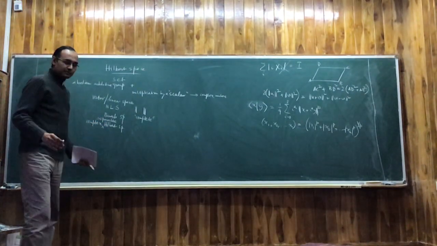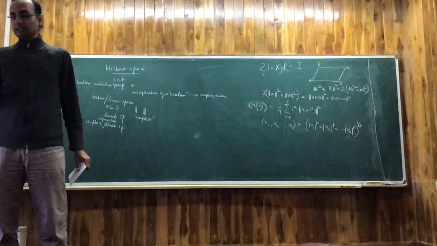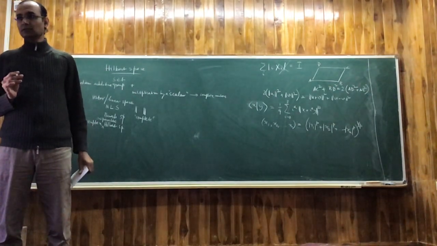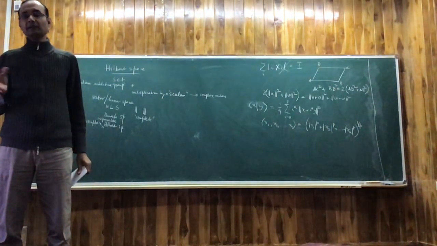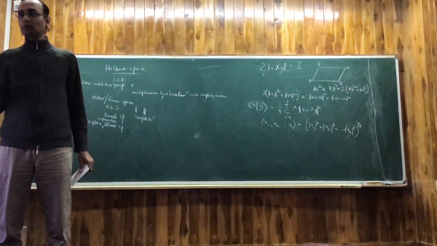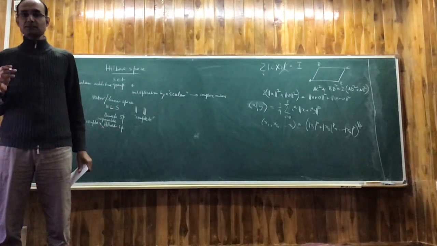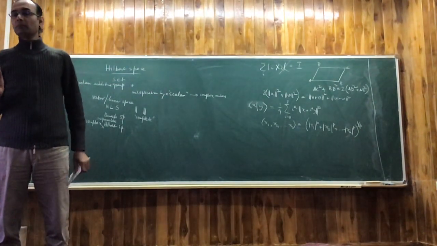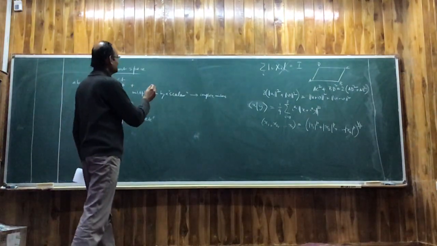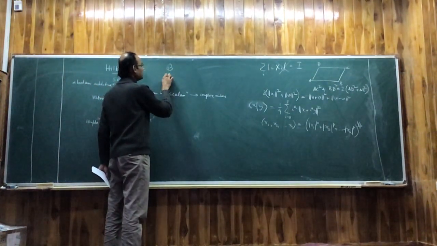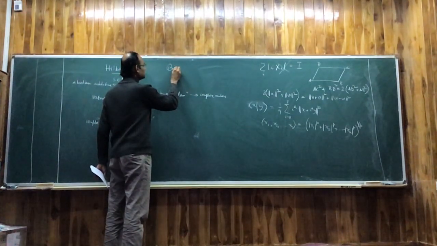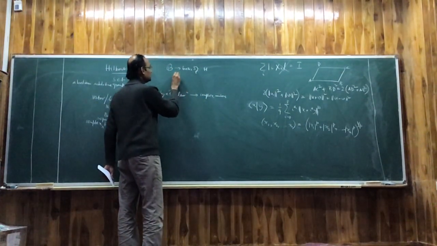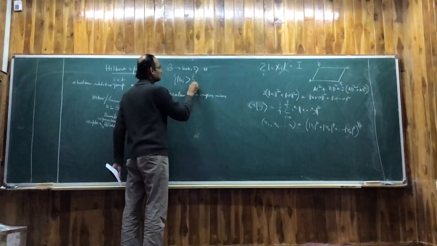By separable Hilbert space, we mean that the corresponding Hilbert space has a countable basis. Of course, every finite Hilbert space falls inside, but we are talking about infinite Hilbert spaces. In infinite Hilbert spaces, we will be concerned with only those in which the basis is countable. What do I mean by countable? Suppose this is a basis of some Hilbert space H, and let the elements be B_i.